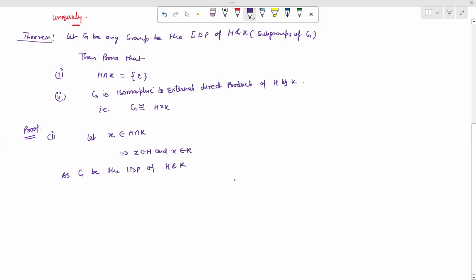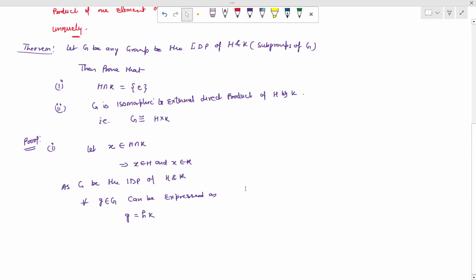So that means for every small g, an element of G, it can be expressed as g is equal to hk.